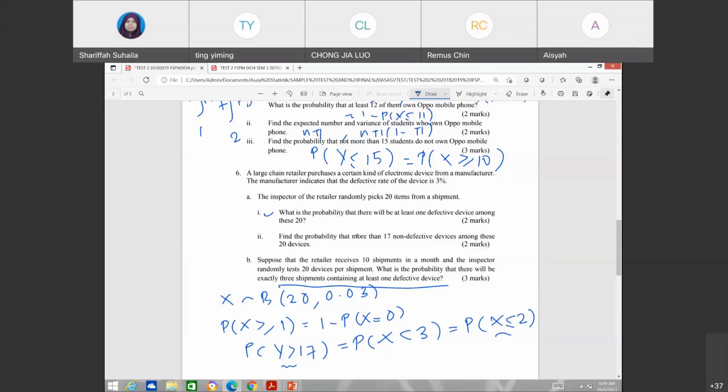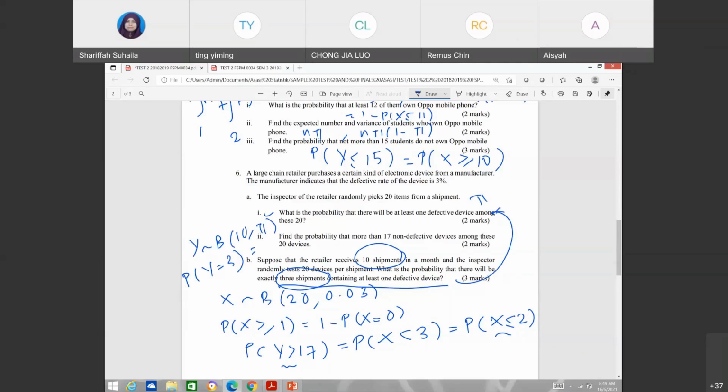So sekarang ni kamu punya number of shipment that contain at least one defective device. So that means you already use this probability, katakan kamu punya ni pi lah. So your Y is binomial with probability pi. So you want to find exactly 3, so find probability Y equals to 3 and then solve.